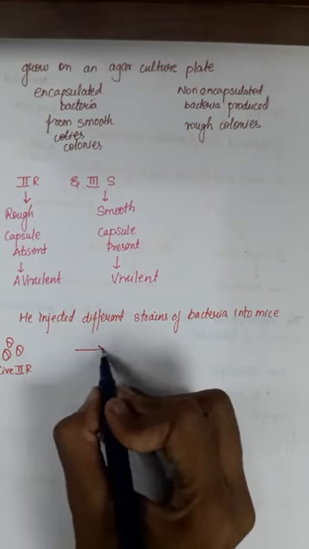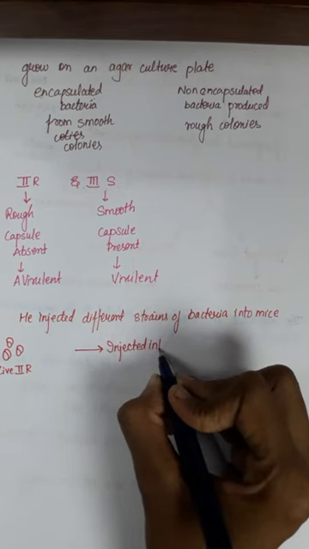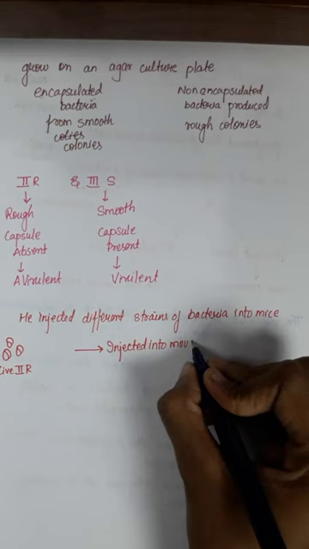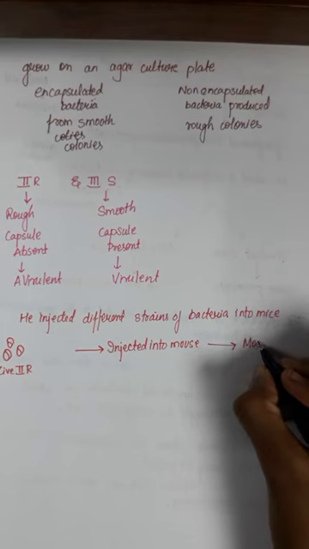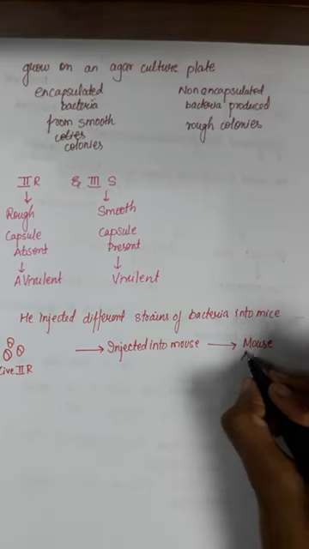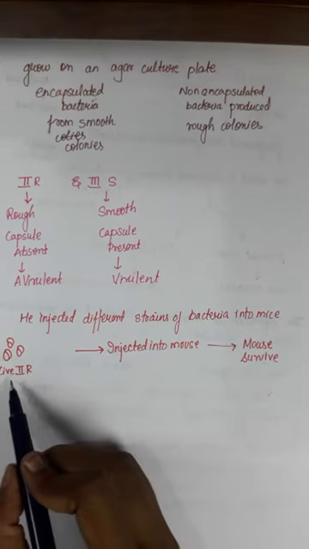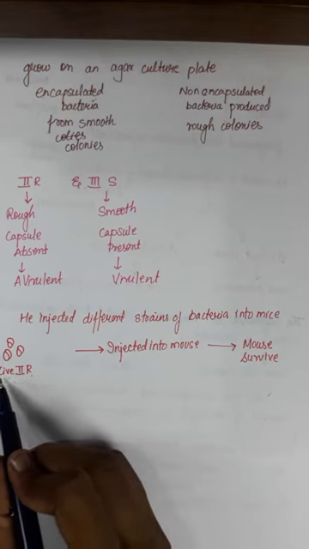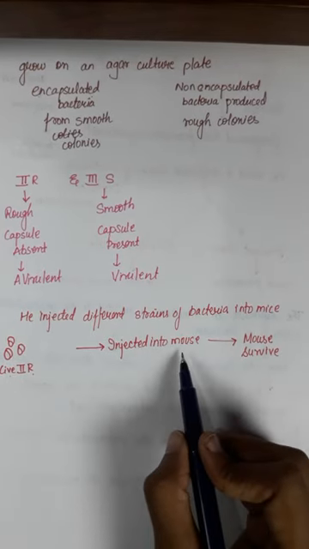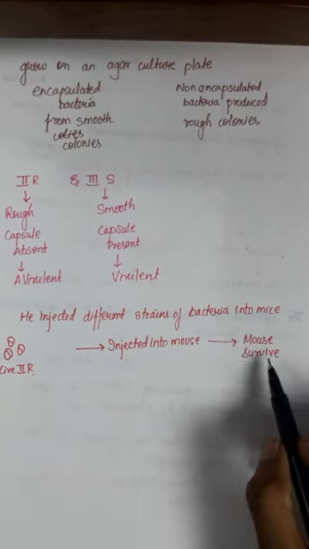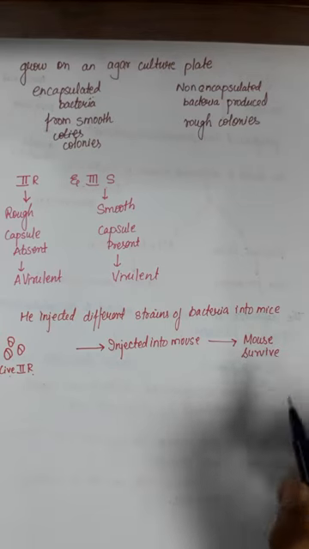He injected it into the mouse and what did he get? The mouse survived. When he used live cells of avirulent 2R and injected into the mouse, the mouse did not suffer from pneumonia and the mouse survived.